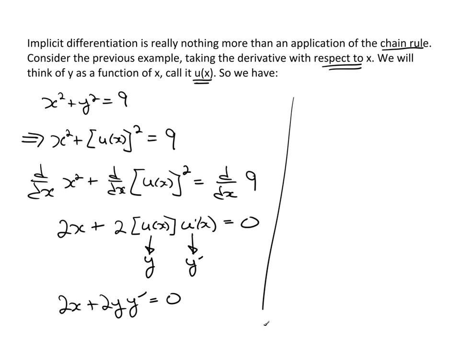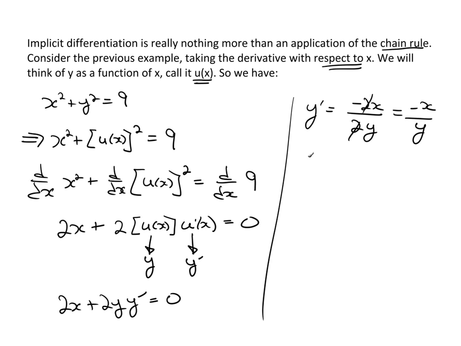So now all I really need to do is solve this for y prime, because y prime is dy/dx. And when I do, I'll get y prime equals negative 2x divided by 2y. The 2's cancel out. This is negative x over y. So y prime, which is dy/dx, is equal to negative x over y.